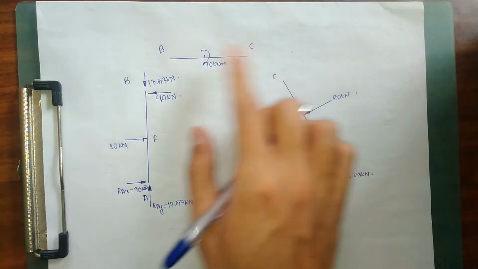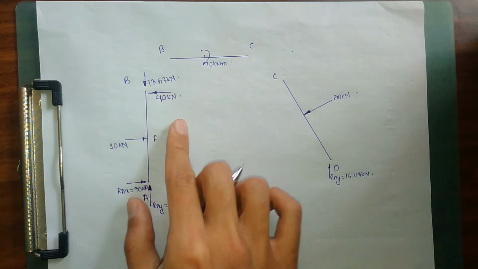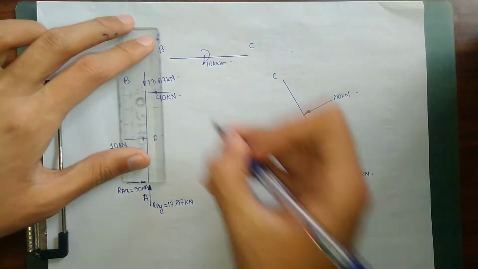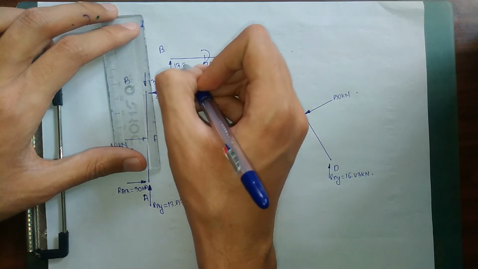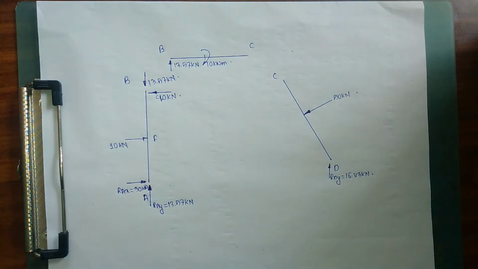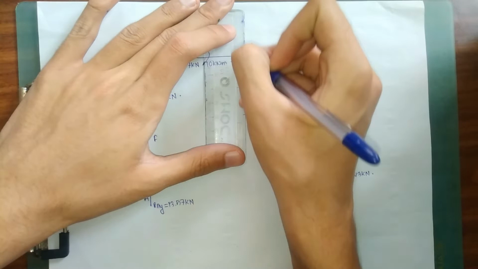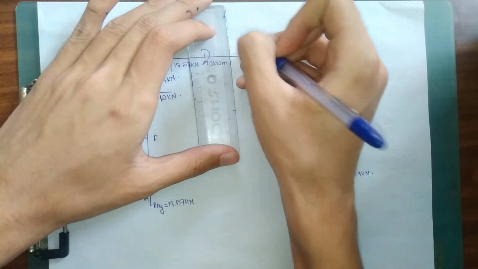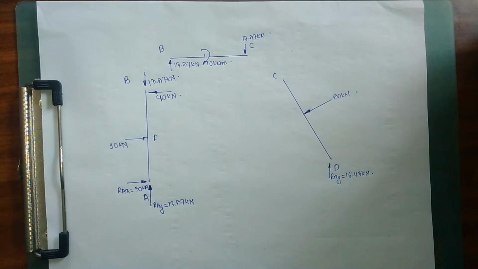Similarly, for our member BC, a force of 13.5 kilonewton is acting downward. So for member BC, a force of 13.5 kilonewton must act upward, and for our point C, a force of 13.5 kilonewton must act downward in order to maintain equilibrium.